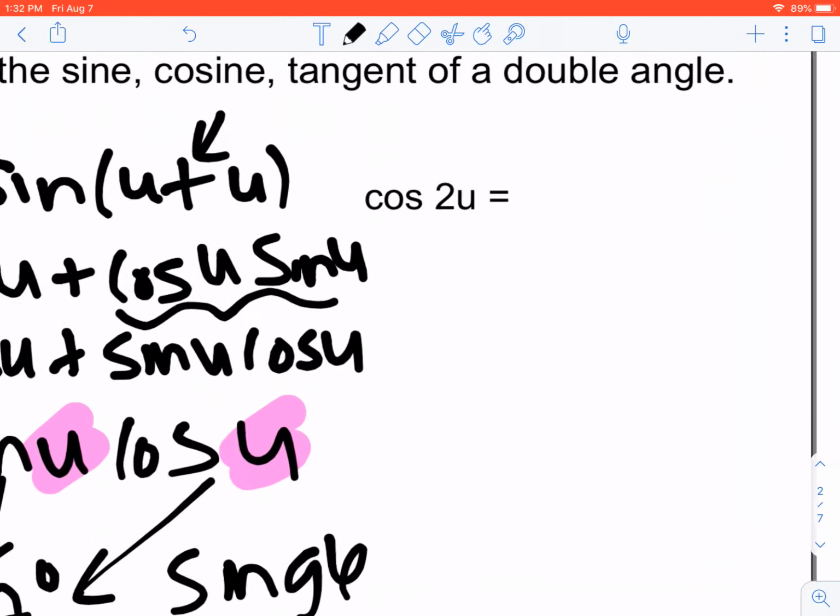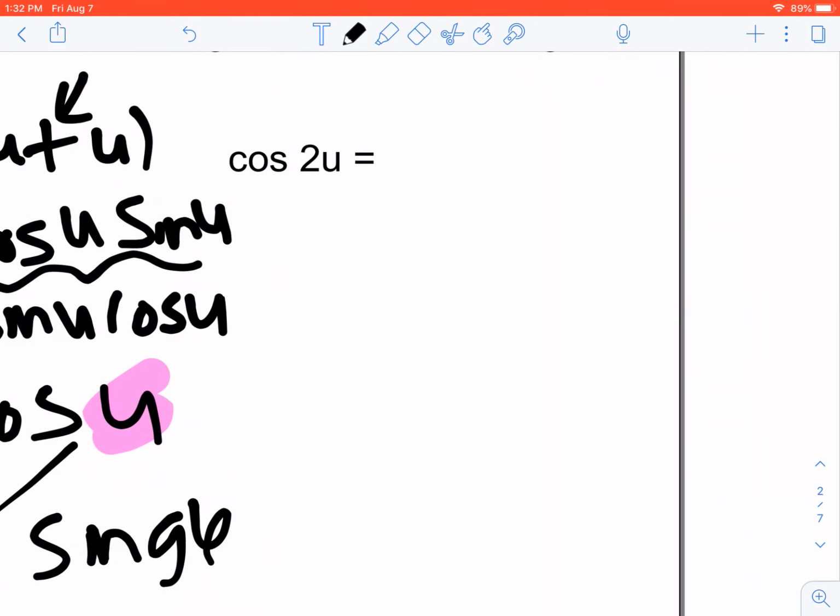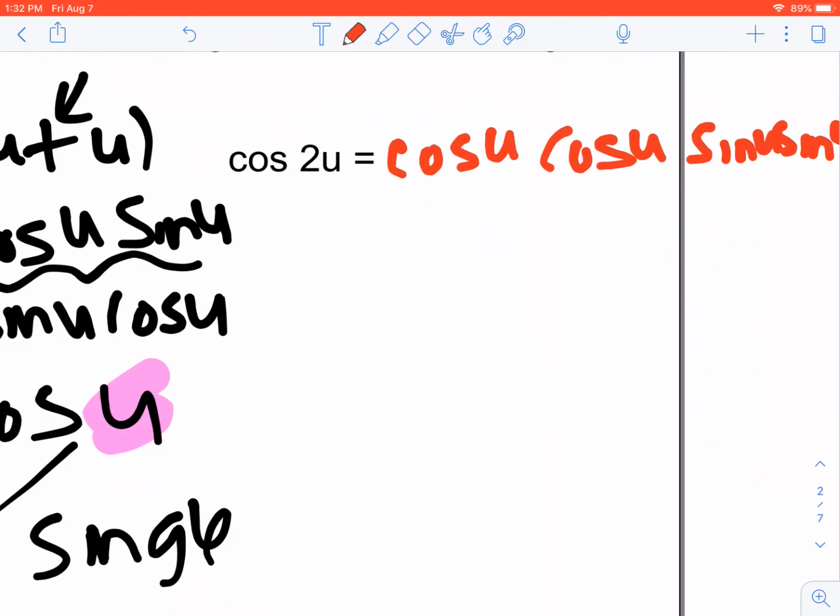All right, so cosine is kind of a hot mess because we have a lot of ways that we can talk about it. So we're going to start the same way, as cosine, cosine, sine, sine of u. And because we're doing the cosine of u plus u, in cosine we take an opposite operation.